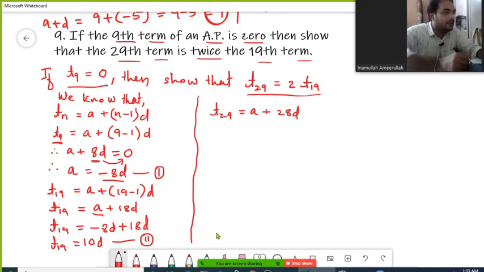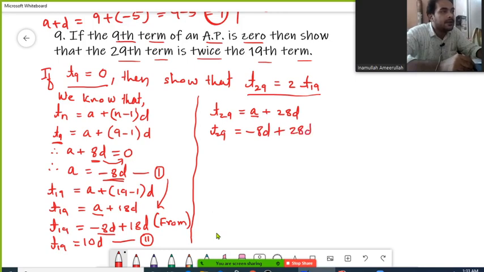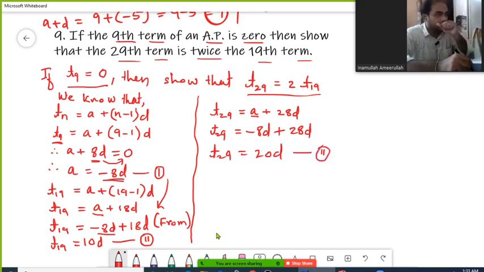Again, we brought this minus 8d from equation number 1. So T29 is minus 8d plus 28d. So T29 will become minus 8 plus 28, that is 20d, and this is my equation number 3.